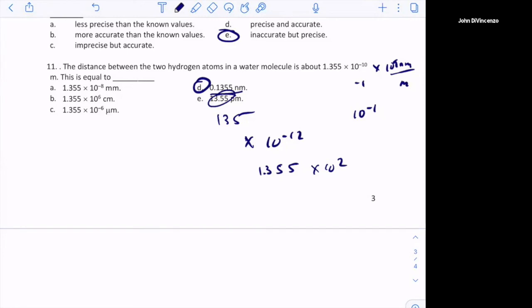No, third. No, it should be 10 to the minus 7, not 10 to the minus 8, right? So you've got 1.355 times 10 to the minus 10 meters times 1,000 millimeters per meter. So a factor of 3. So this will be 10 to the minus 7 to make that correct. I thought you were right for a second there. Yeah, these are tough. They're not easy, and it really means being comfortable with the metric system.